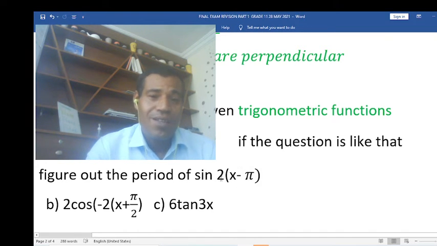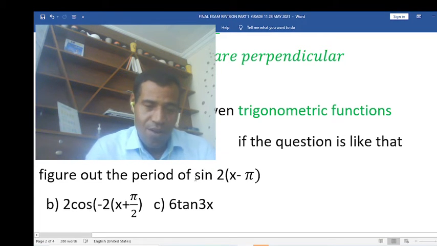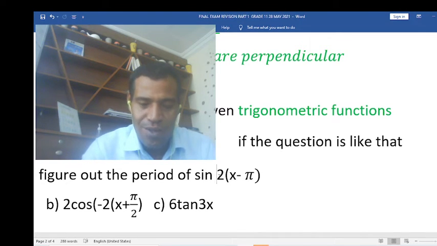So in fact you should use the formula. The formula is 2 pi, because sine is periodic of 2 pi, divided by the magnitude of a. If it is negative, you should consider it as positive. If it is positive, that's easy for you. I will just put this negative so that you can understand.